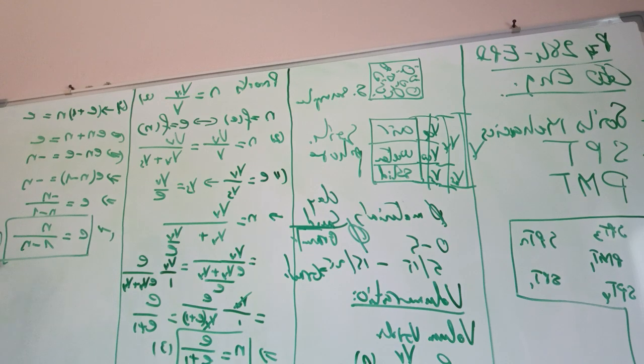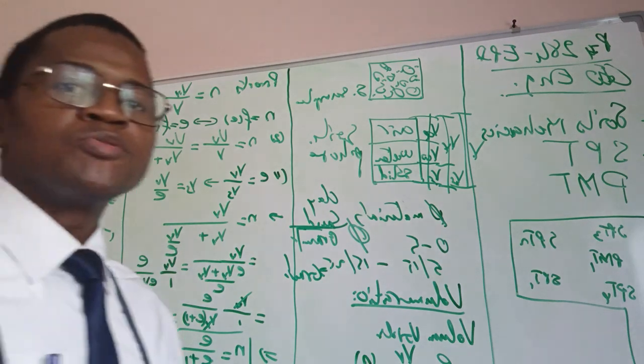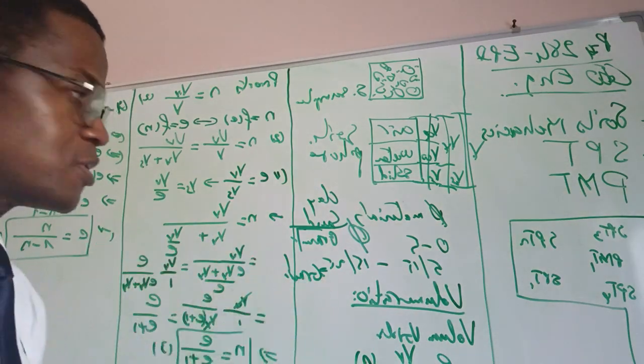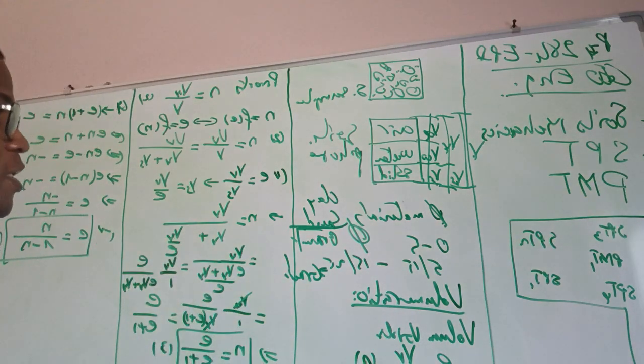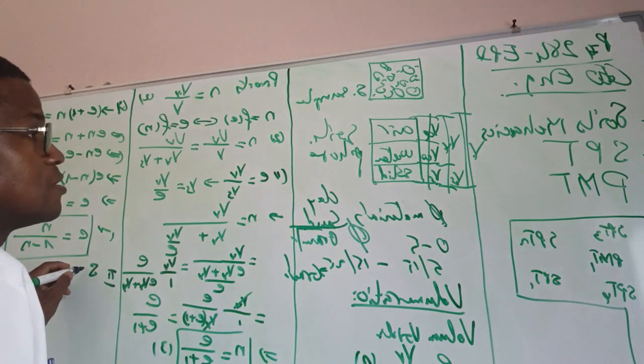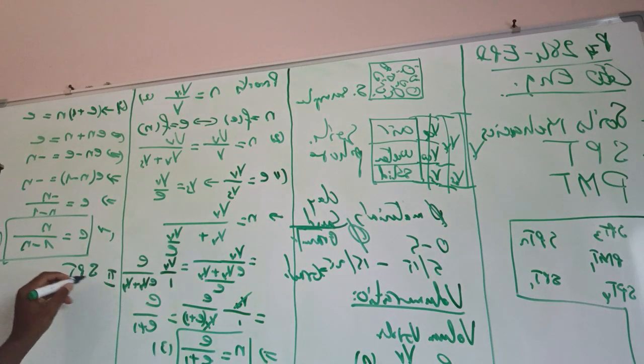Okay, this is equation number 5. This shows the relationship between the void ratio and the porosity, very important. Second point now, the standard penetration test.